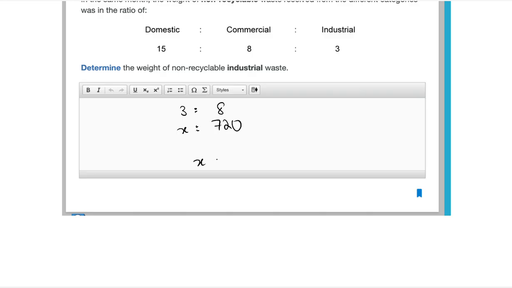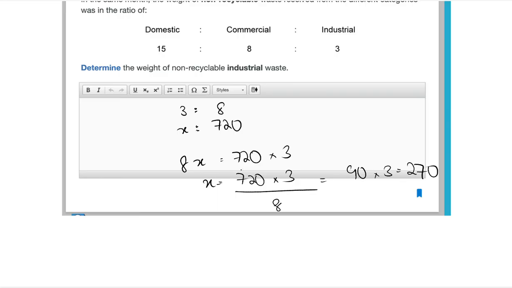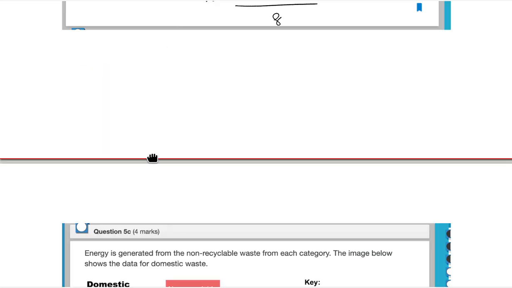So 8x equals 720 times 3. x equals 720 times 3 over 8. So this becomes 90 times 3, which gives us an answer of 270, right? I hope this makes sense.